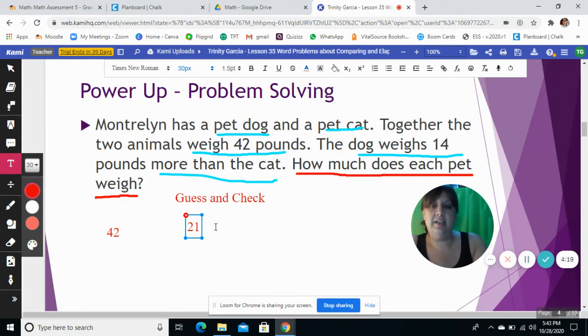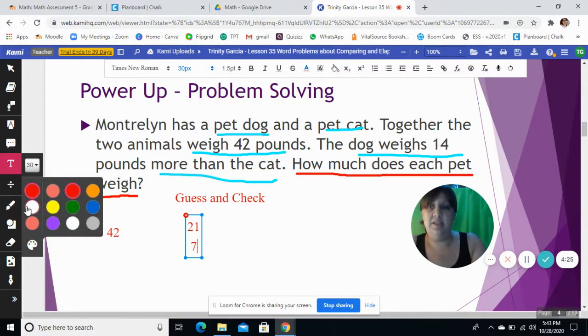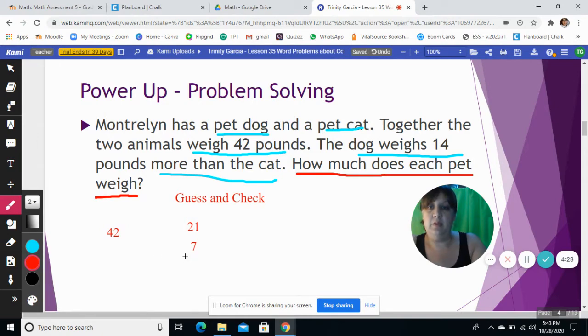So if we take 7 away from 21, what do we get? Right, we get 14 pounds.